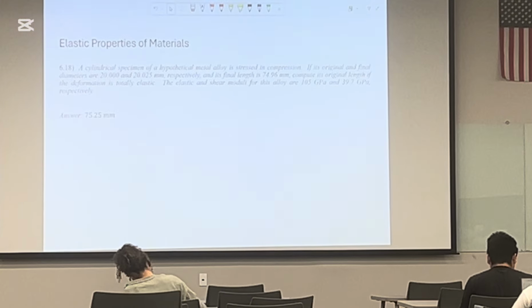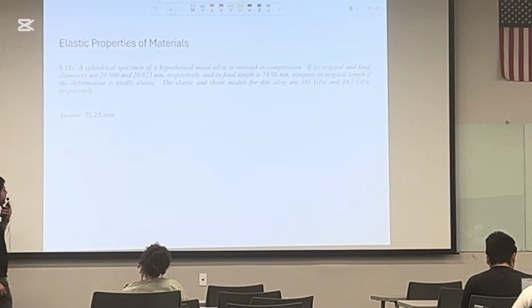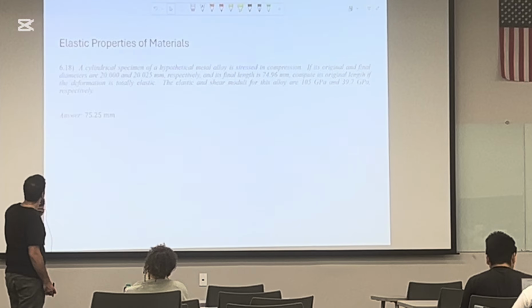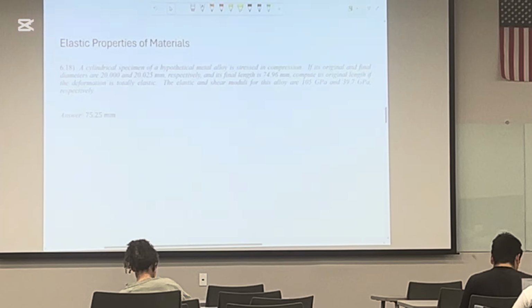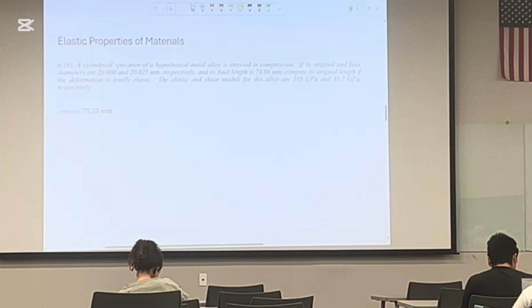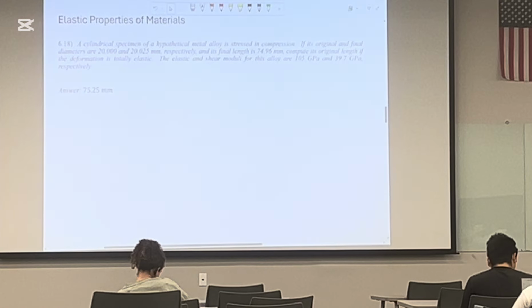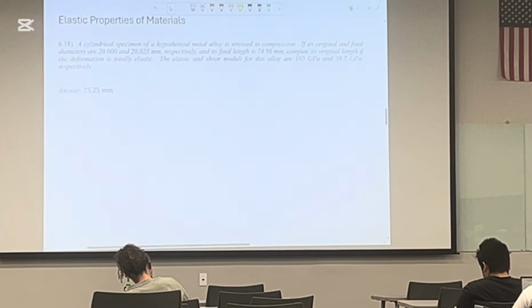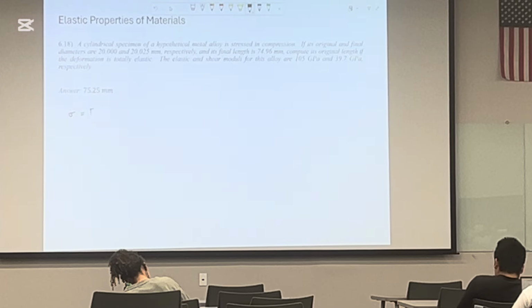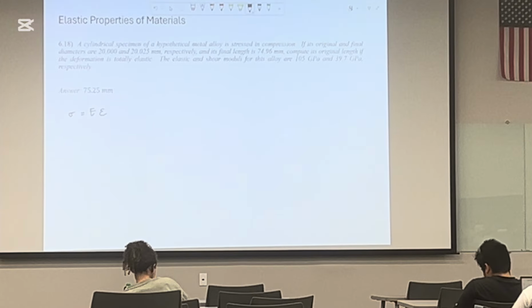So let's think about it. We need to find the original length, or the initial length, right? The first idea that comes to mind is using Hooke's law, which relates stress, Young's modulus, and strain.